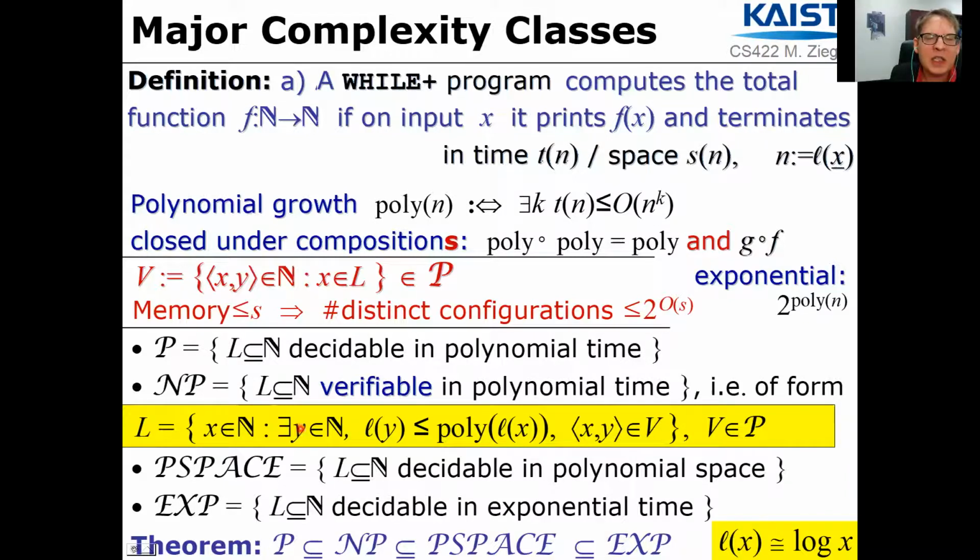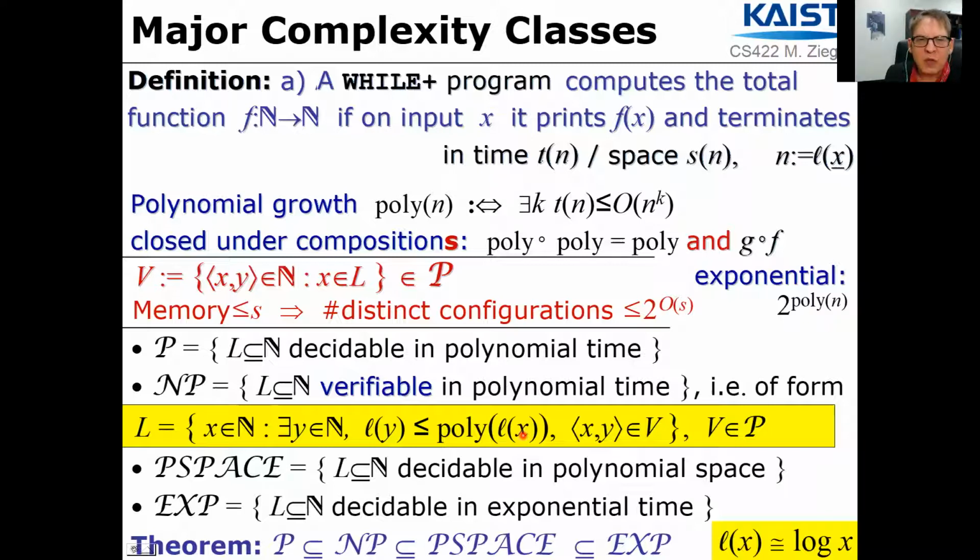Superficially, it seems like there are too many, exponentially many of these witnesses y, because how many binary strings are there with binary length at most, let's say, 100? Right, 2 to the 100. And how many witness strings are there with binary length at most polynomial in the binary length of x? Well, at most exponentially many.